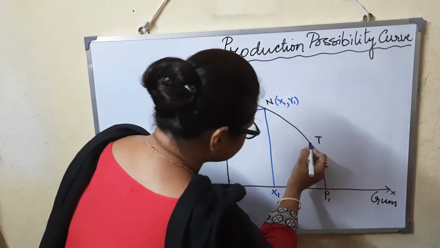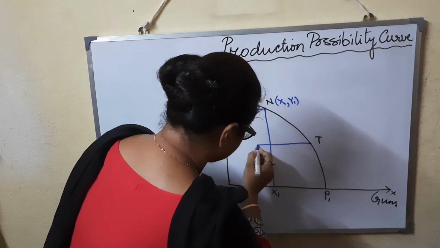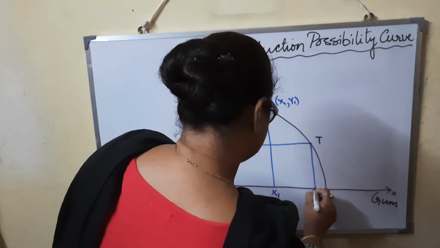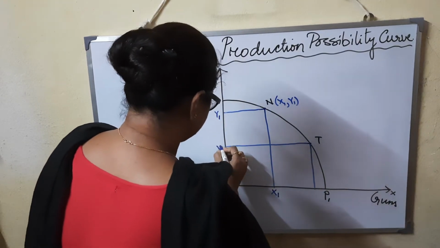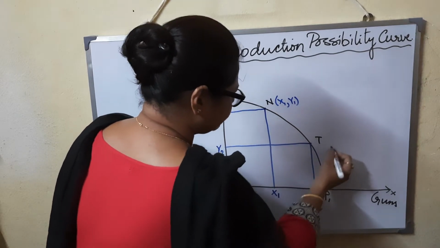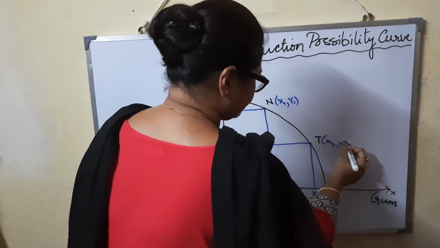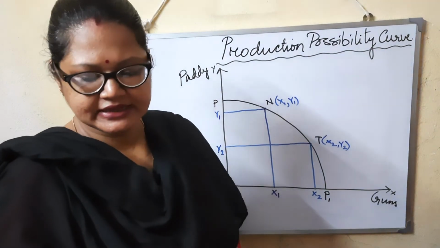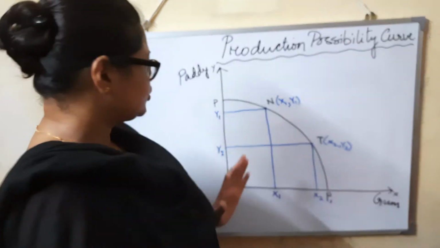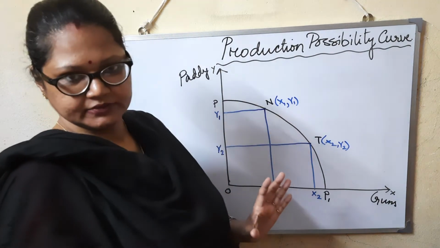And when it is producing at T, the country is producing Y2 units of paddy and X2 units of guns. Because the resources are limited, whatever the country can produce will be all within this particular zone.